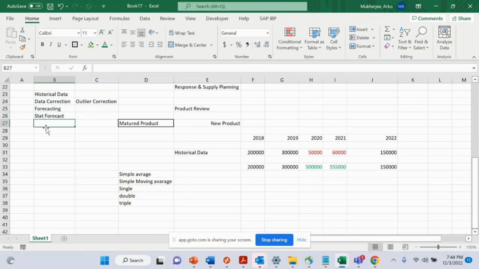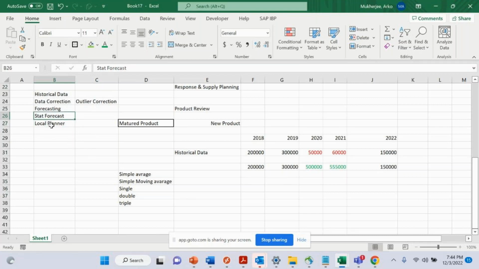Now in the present scenario, there will be business structures, like there will be planners, you can say the local planner. The local planner has some responsibility for their local warehouses, and to meet the target in the future, they edit the stat forecast.